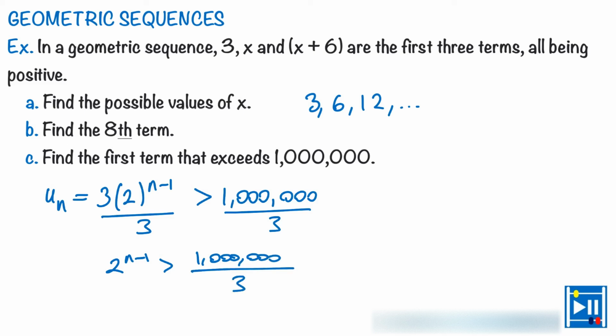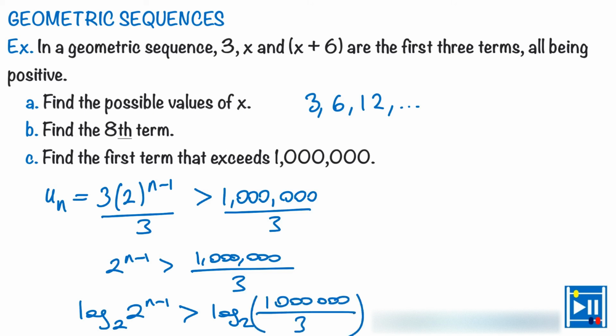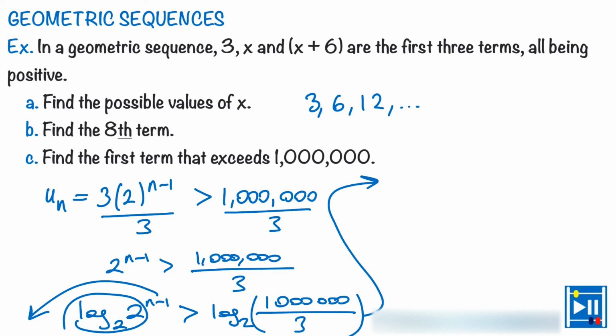And then I'm going to go log in base 2 of 2 to the power of n minus 1 is bigger than log in base 2 of 1 million divided by 3, right? And then I'll go on saying that just because this is a power, if I take it to the front, I'm going to end up with n minus 1 is greater than log.